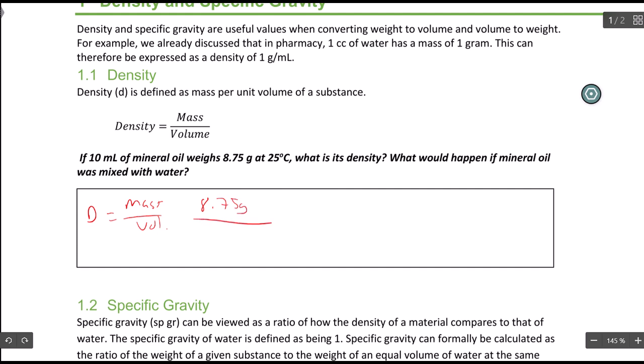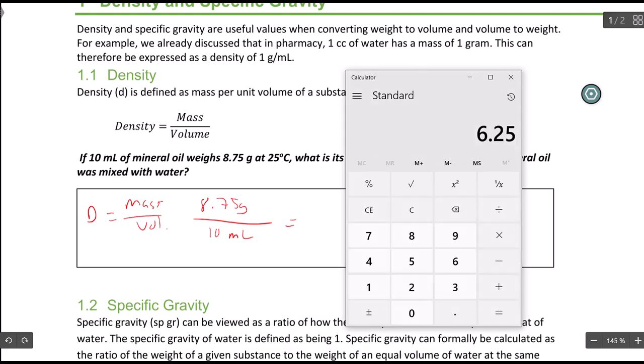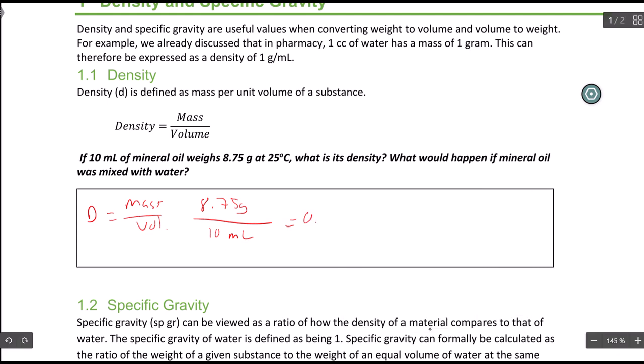If I take 8.75 and I divide that by my 10 mLs, I'm going to get 0.875, this is grams per ml. You can have different units for your density, but usually grams per ml is what we'll be using. So you can approximate that as 0.88, let's say, grams per ml is what the density of that mineral oil would be.